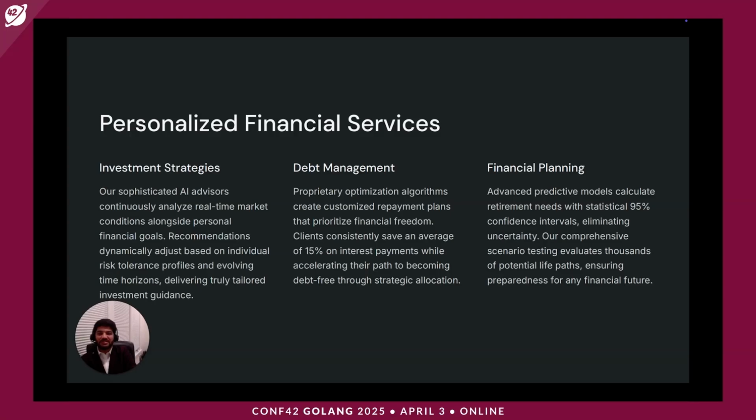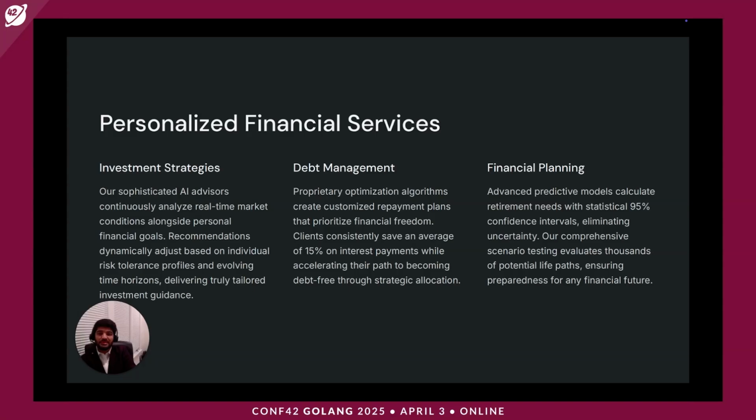In investment strategies, our AI-driven real-time investment recommendations are customized to the individual's risk profile. Coming to debt management, clients using our platform save an average of 15% on interest through optimized repayment strategies. Coming to financial planning, predictive modeling helps people prepare for life's financial uncertainties.